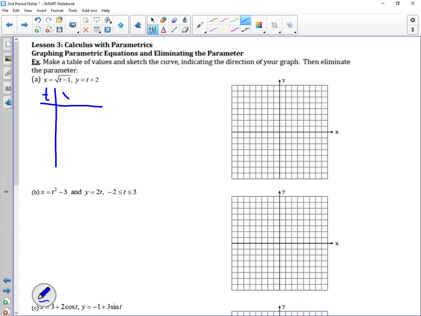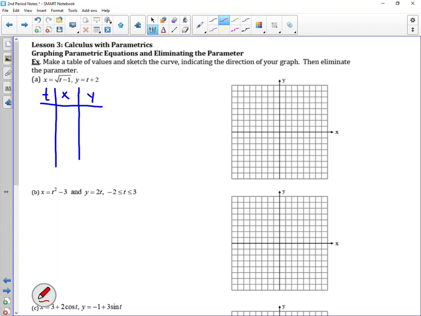T, x, y. And then we'll have to plug in values for t. There's no restrictions on t for this equation, so let's just pick nice values of t. We know t can't get any less than what number?